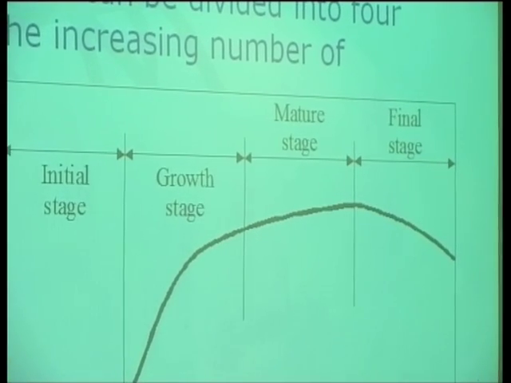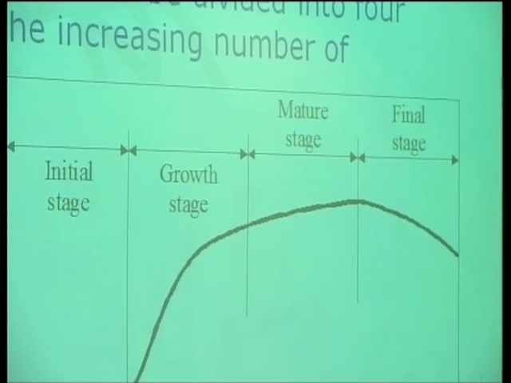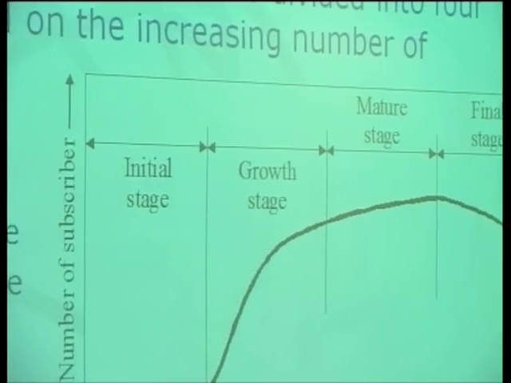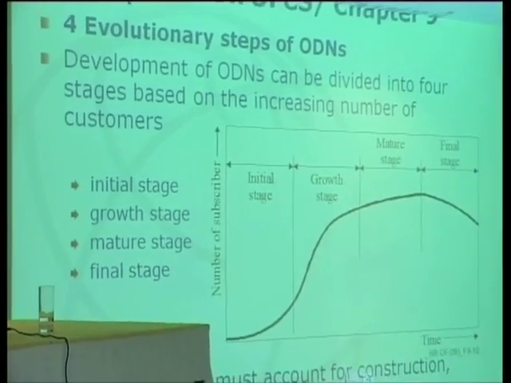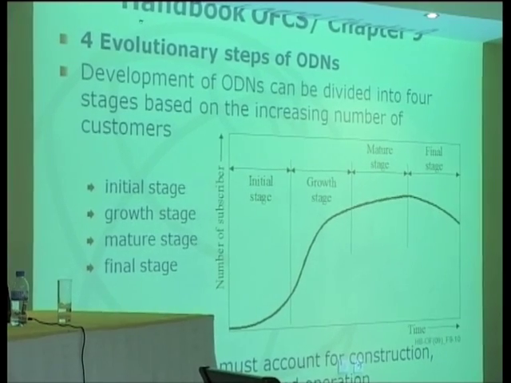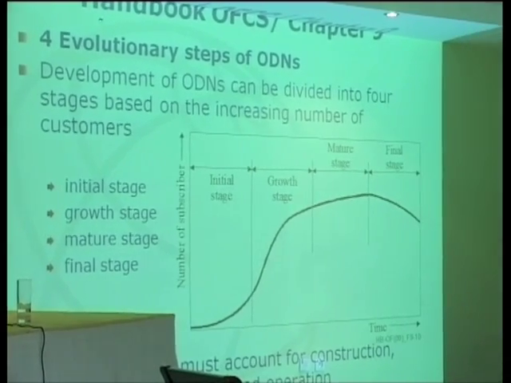There is an initial stage, a growth stage, a mature stage, and a final stage. Which means that we are going from the first installation, we are building the network, but normally no one wants the service, so you are building the network, but you must also find the customers, to a period in which the customers will grow because they recognize the importance of the service you are offering.